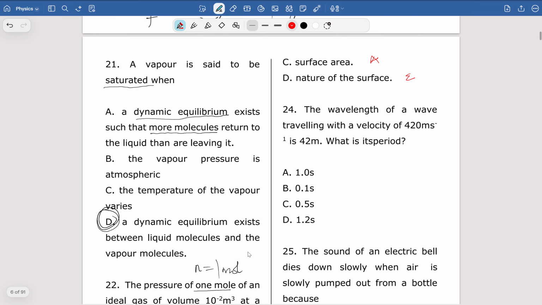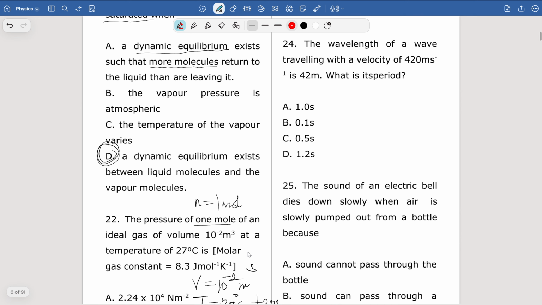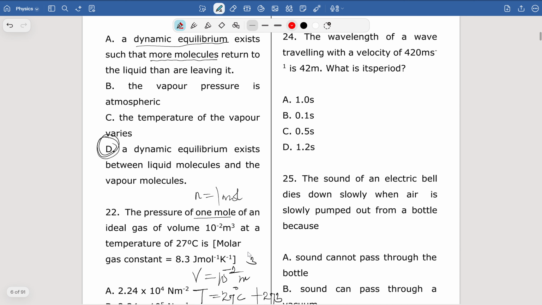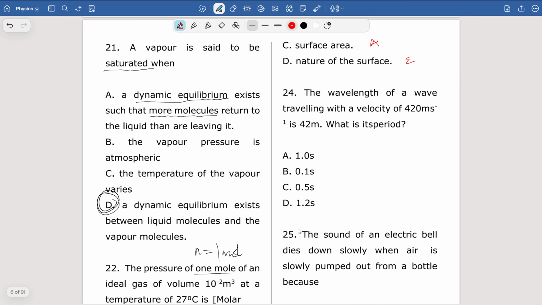So question 24. The wavelength of a wave traveling with a velocity of 420 meters per second is 42 meters. What is its period? Definitely you must first identify where this question is coming from. To be assured, the question is coming from a topic called waves in physics.